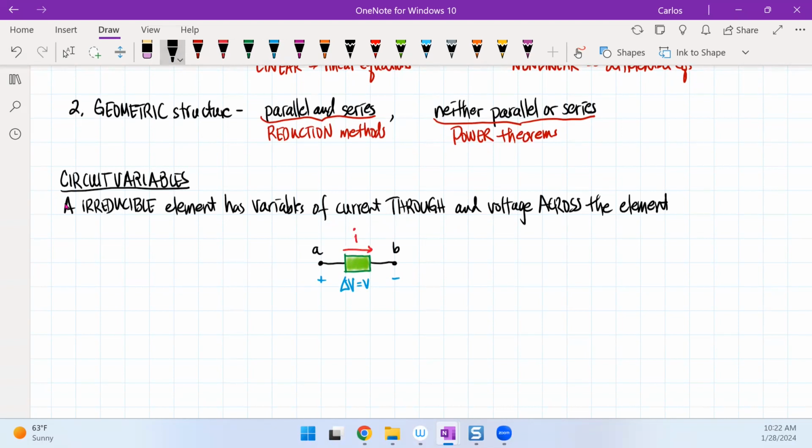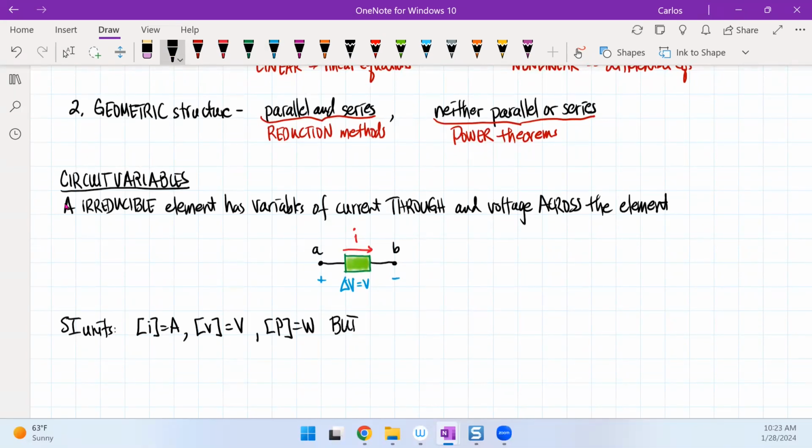So the SI units: the unit of current is amp, the unit of voltage is volts, and the unit of power is watts.